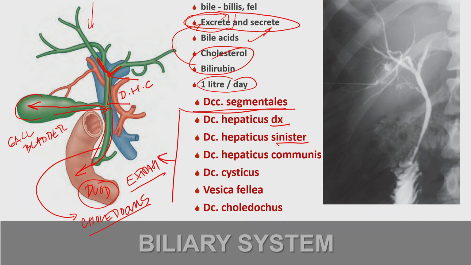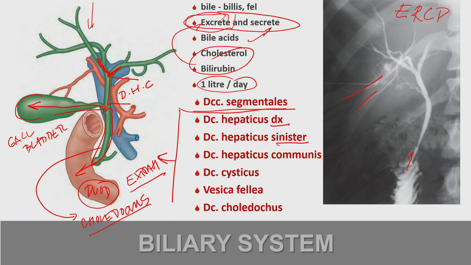Hopefully you have heard about the papilla major and minor, so major and small papilla, where we have the communication between external glands of the GIT with the inner space of the GIT. So this is the imaging which is called ERCP, endoscopic retrograde cholangiopancreatography, which injects contrast agent backwards.